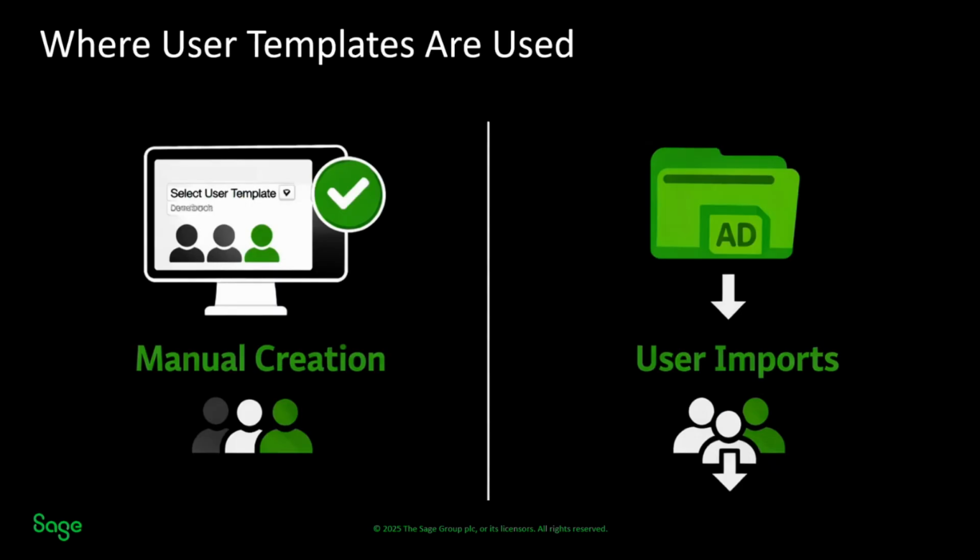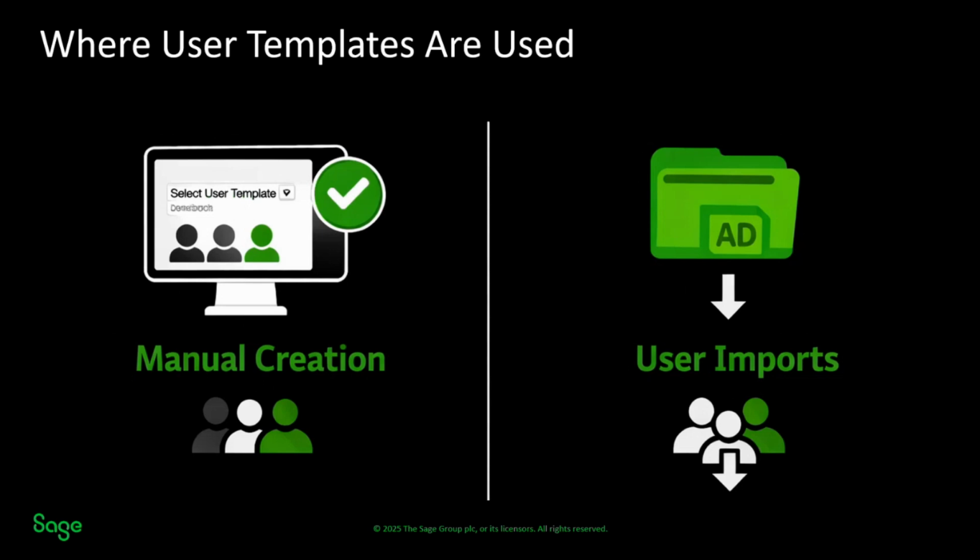So where are user templates used? Well, they're used in two main places. First, and this is the main exercise we're doing today, when we're creating users manually. This is where we can select the template that we're going to create now to assist the process of setting up a user.